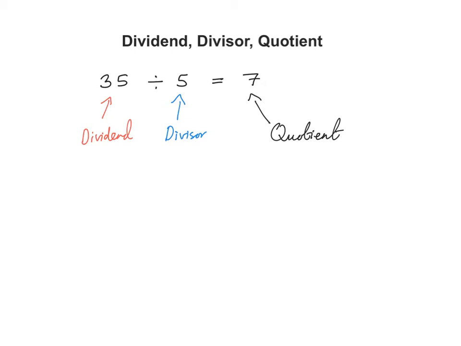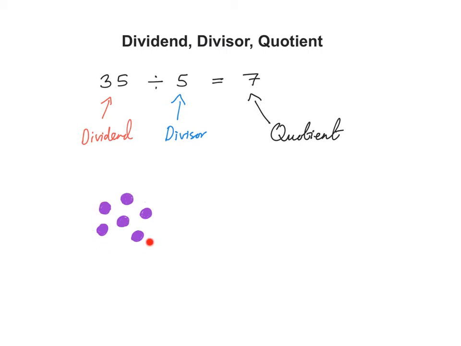Now, why do we need to know these mathematical terms? The reason is so you can precisely and concisely explain your thoughts and ideas. Now, I want you to visualize the dividend, divisor, and quotient.